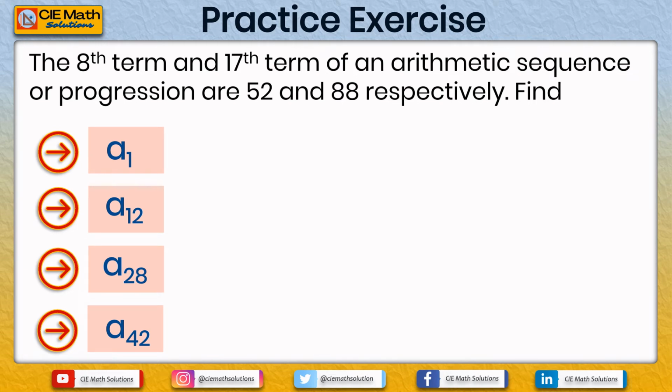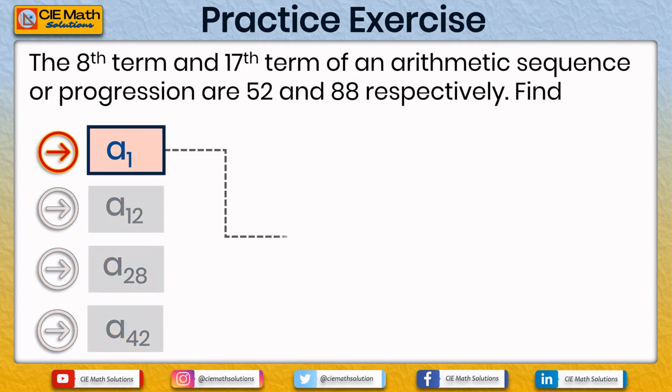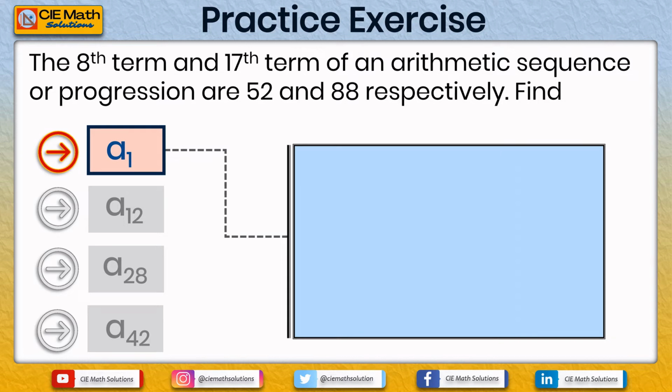For the first item, which is the first term, or A1, we could say that A8 is equal to A1 plus 7D. Or we could have A1 is equal to A8 minus 7D. That means there are 7 D's added from A1 to A8.